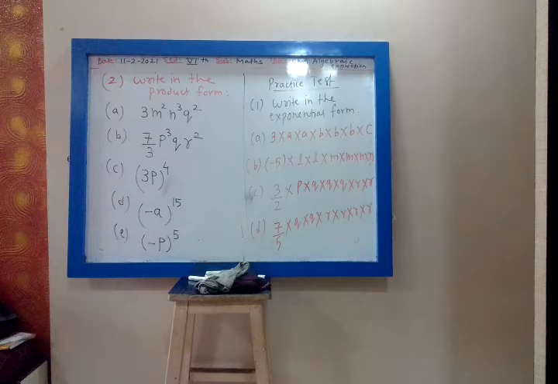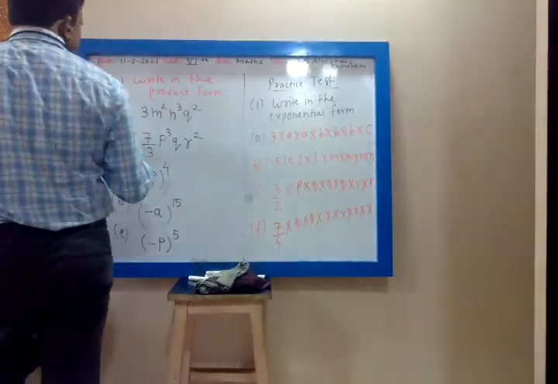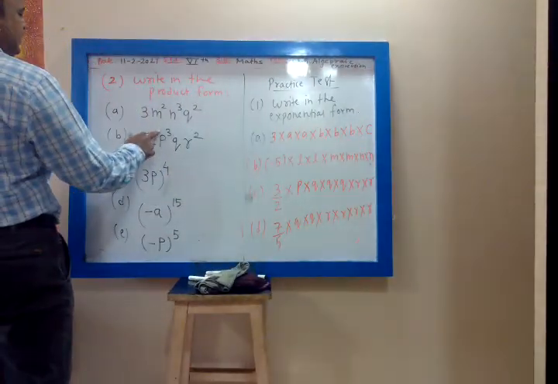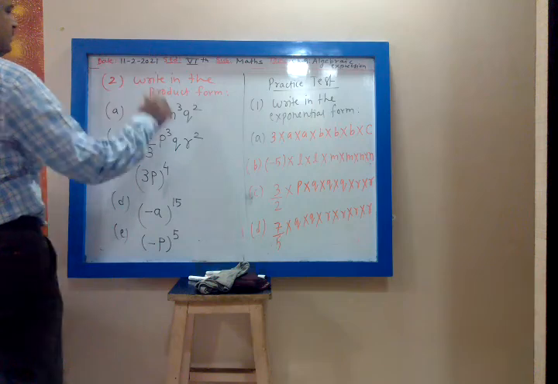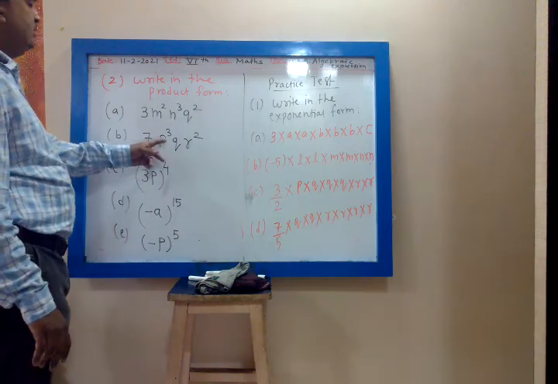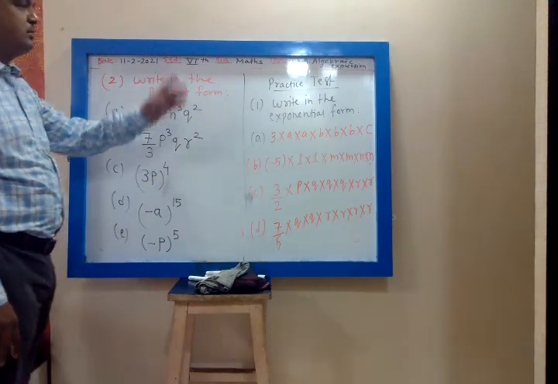You can write minus a into minus a, then dot 15 times. B is 7 by 3 into p 3 times into q into r 2 times. That is the answer. 7 by 3 pq into q into r raised to 2.